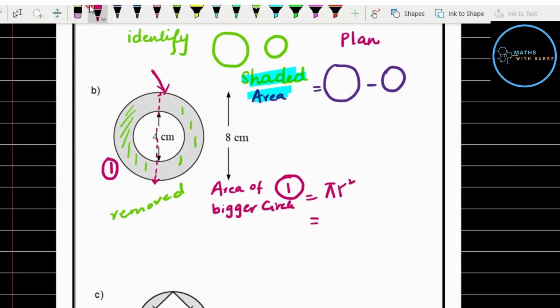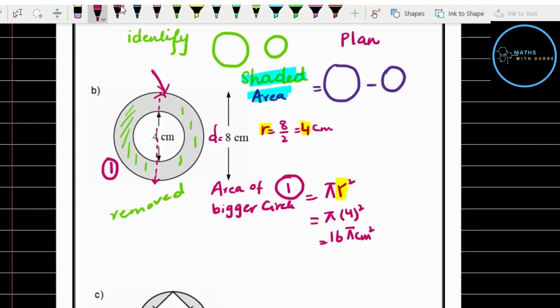So this 8 is our diameter and we need r, so r will be half of it. So I can just divide it by 2, that will be 4. So instead of r, I will substitute 4 here. Okay, now I will write 4 square. 4 times 4 is 16 pi.